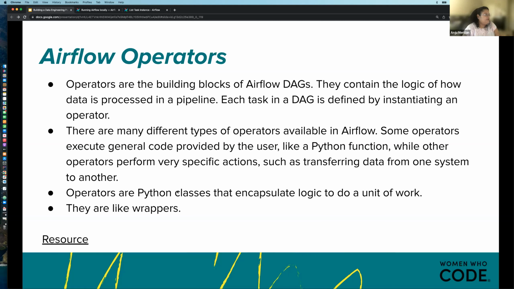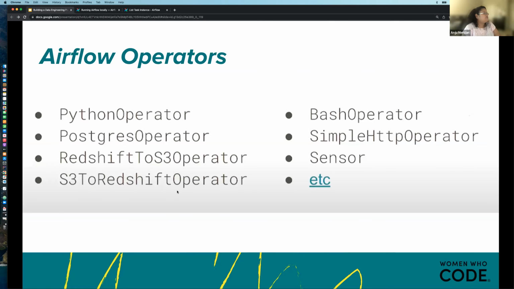So the different types of operators are the Airflow operators. There are different types: Python operator, Postgres operator, Redshift to S3 operator, S3 to Redshift operator. For some reason, Apache Airflow and AWS are very close. So if you're using AWS and Apache Airflow, it's very easy.